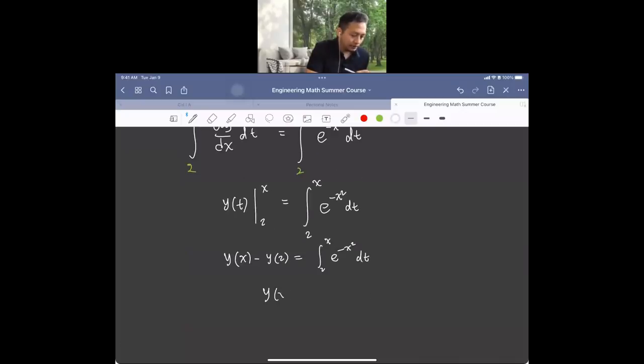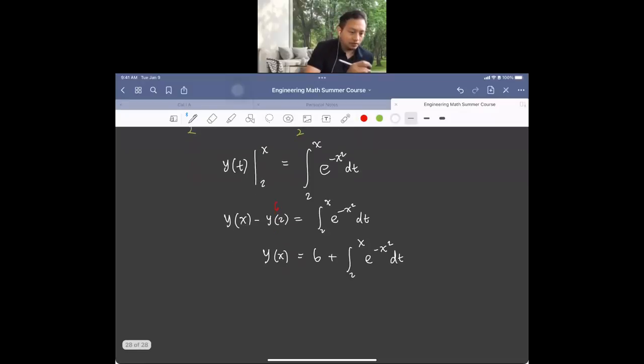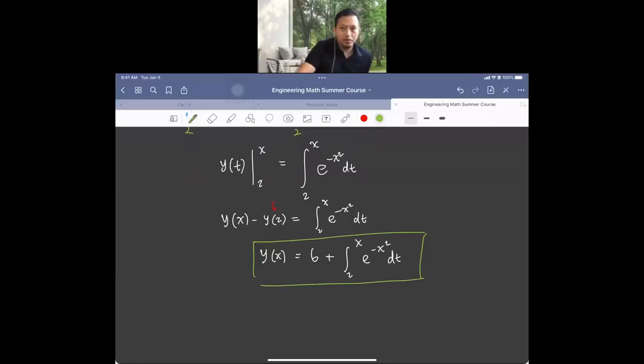So we have y(2) is 6, so we have 6 plus the integration left as it is. So this is the answer, and this is what we call an integral defined function, because sometimes you may have this integration as your final result.